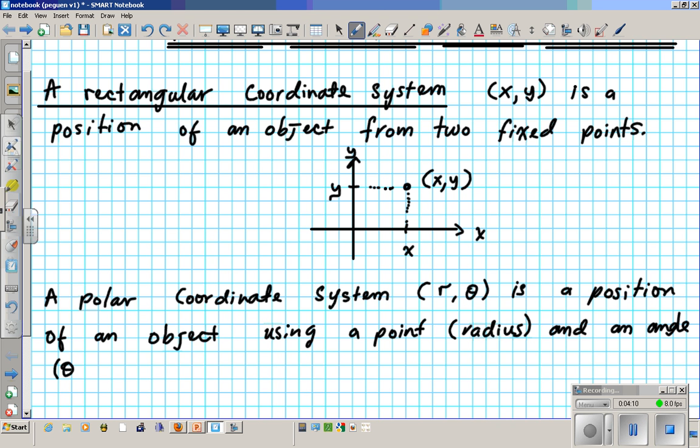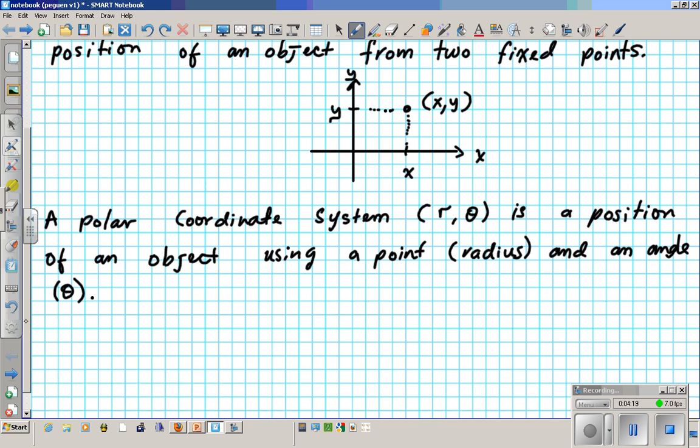You can refer to it as theta. So we're going to use a radius, which is the distance, and then an angle, which is theta. Okay, so what does that look like?